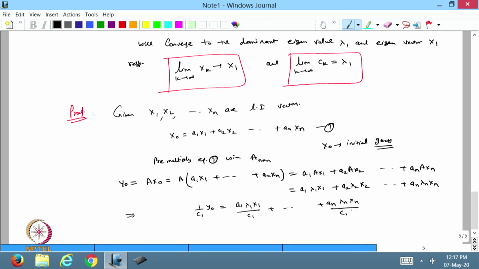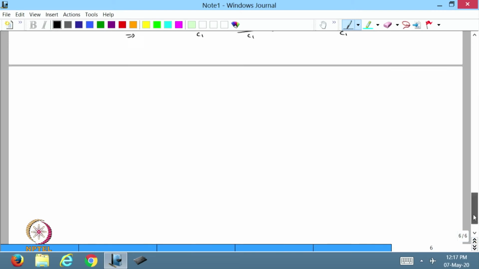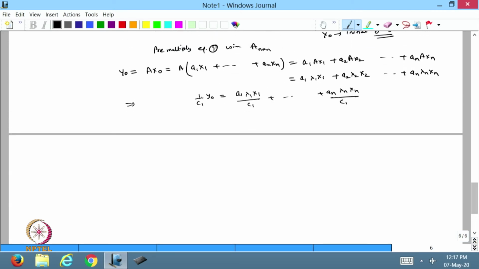So, I am dividing the whole thing by c1. From here, this becomes x1, because we already know that this becomes x1.